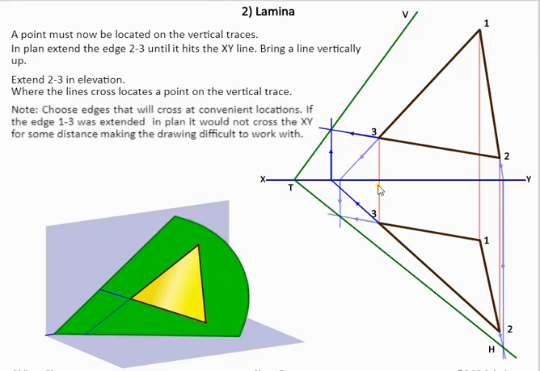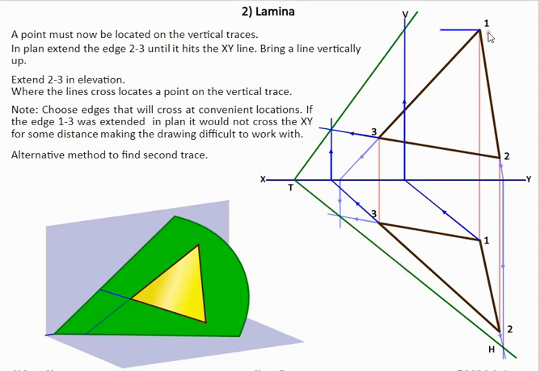Whereas another method would be if we took point 3 here, or take point 1, so we're taking point 1 here. Now this here is parallel to TH, then we're going to bring this line straight up and then bring point 1 across. It gives us a point on that vertical trace. So there's two methods to construct this vertical trace.